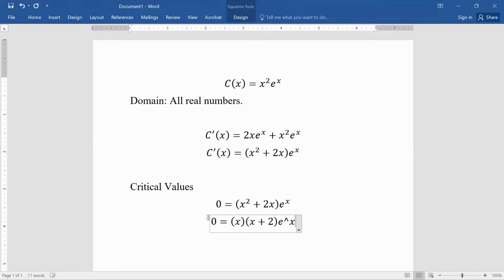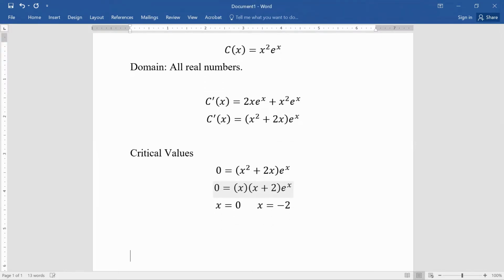If x is 0, that would result in a critical value. If x is -2, that would result in a critical value. And if 0 equals e to the x, well, that can't happen. So the only two critical values we get are when x is 0 and when x is -2.